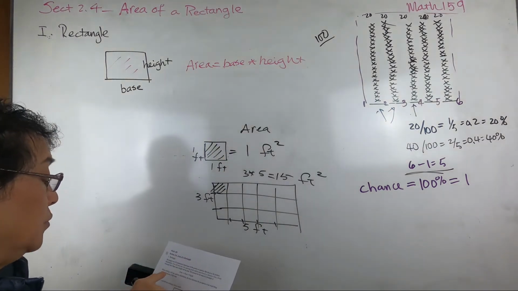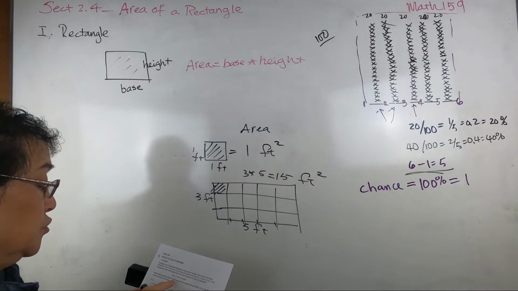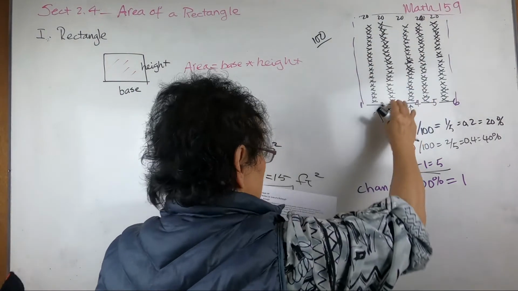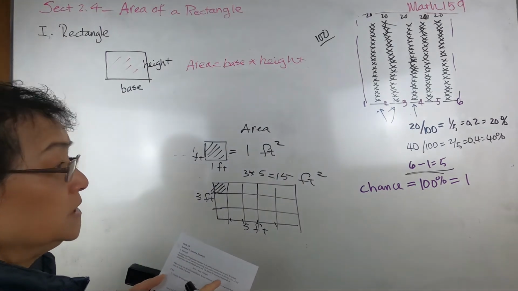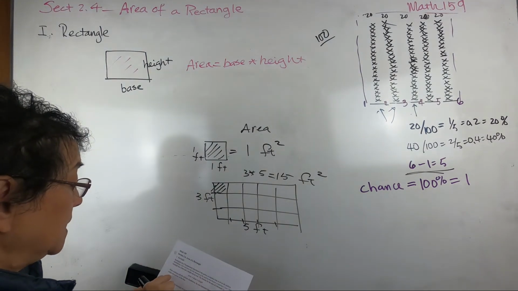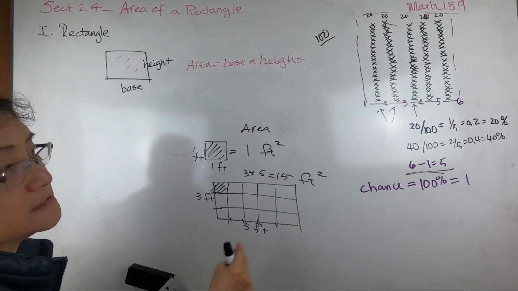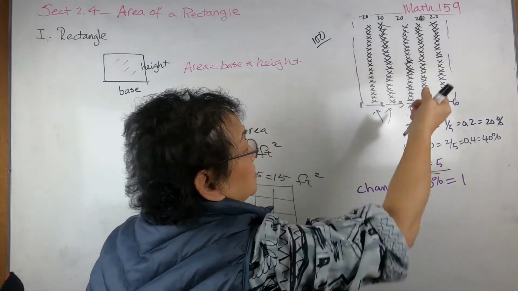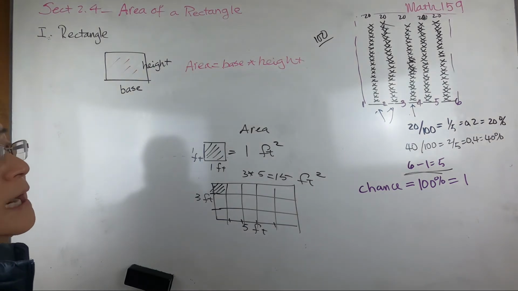When we work with the uniform distribution, the whole area represents the probability of an event being within the bounds of the base. Within here, this is the event, how people lined up, right?